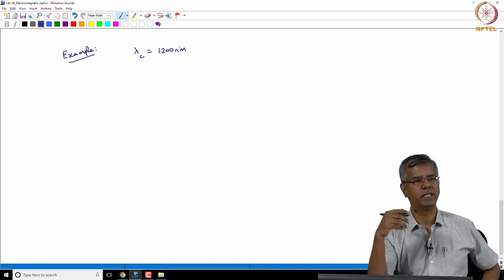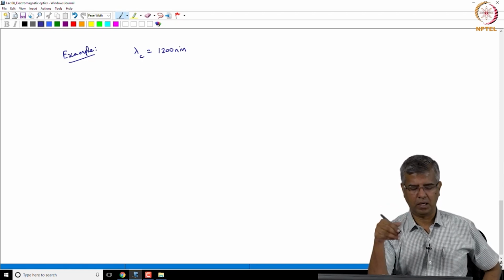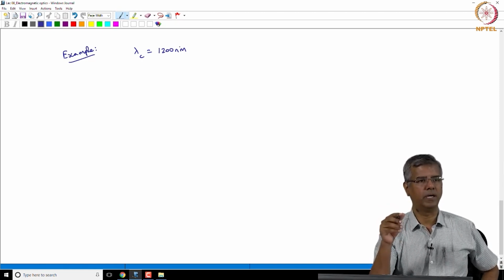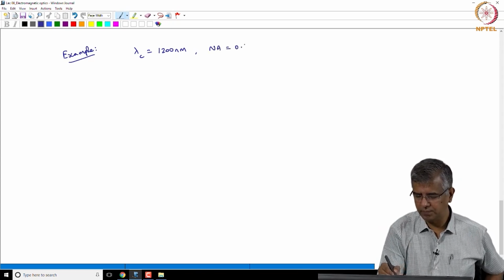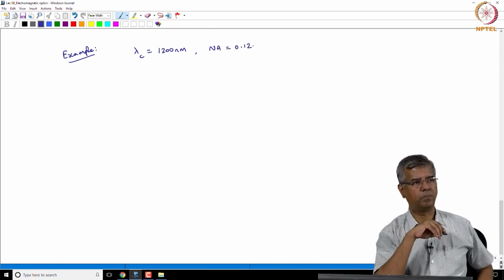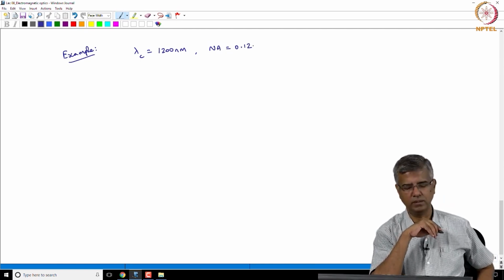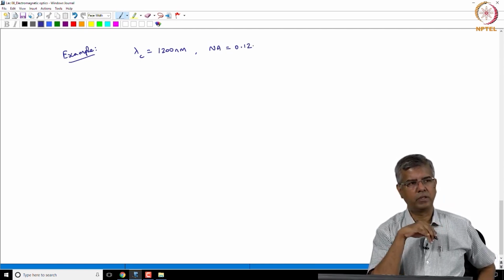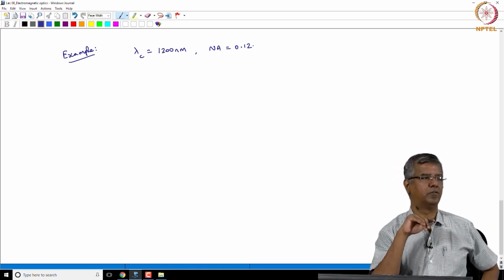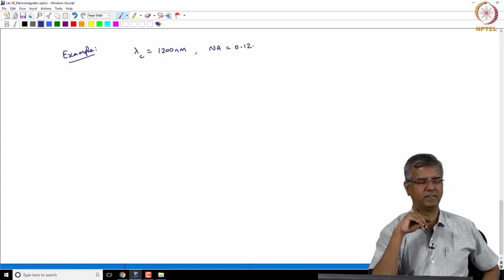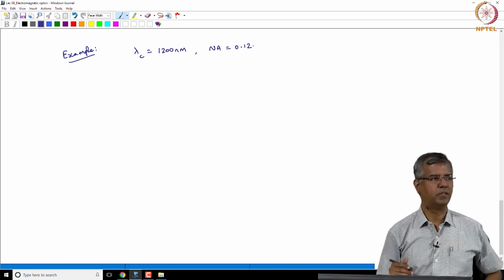All your optical communications happens on a single mode fiber which will have a cutoff wavelength around 1200 nanometers, and let us say the numerical aperture is also given as 0.12. Okay. So, can you find the diameter of your waveguide if you are given this information? How do you proceed with that?